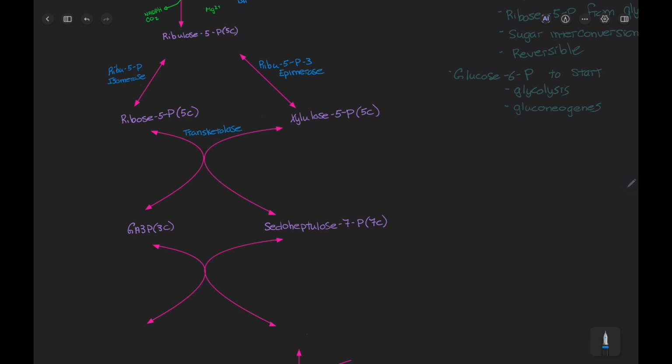The transketolase transfers a 2-carbon unit from the xylulose 5-phosphate to ribose 5-phosphate, giving us that 7-carbon sedoheptulose 7-phosphate, being left with the glyceraldehyde 3-phosphate.